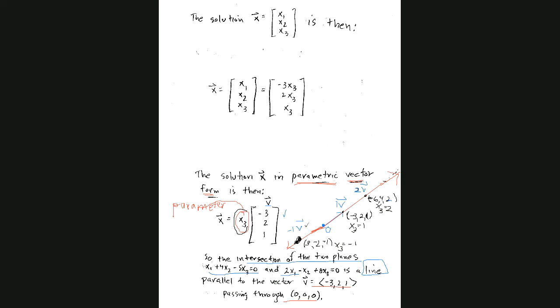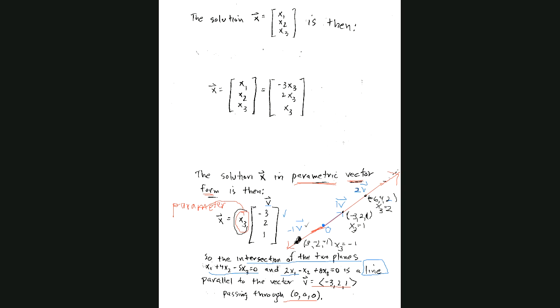So what Moshe is asking is, what's the point of what I'm doing with this? What I'm trying to demonstrate is that the solution, the set of points, forms a line in space. The line is parallel to vector v, which is the -3, 2, 1 vector, and passing through the origin.